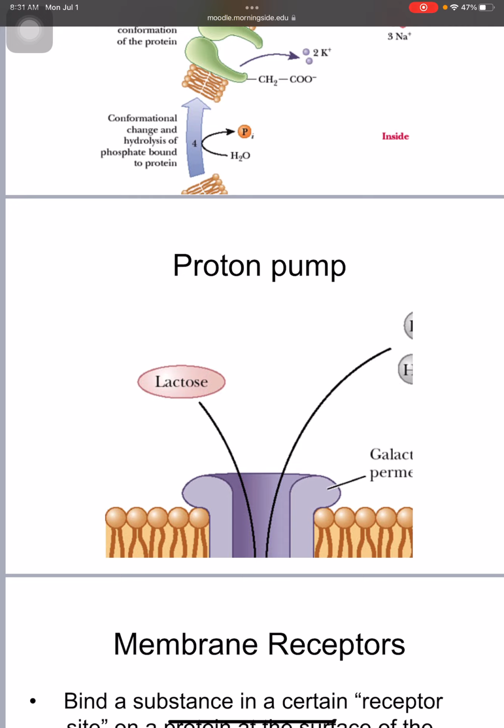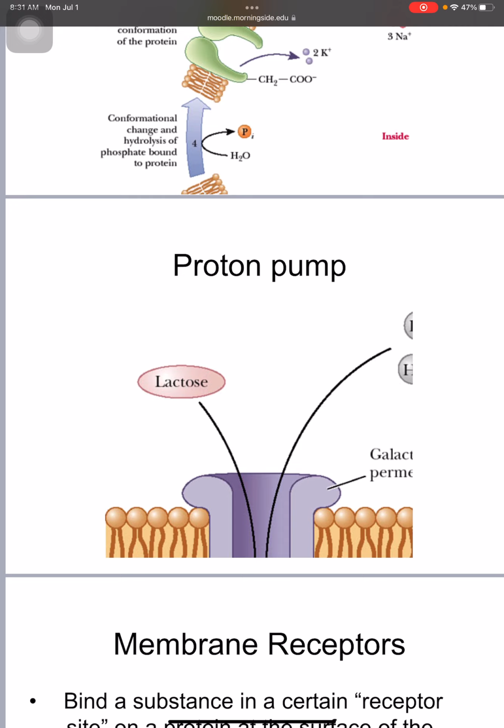So that's bad. But guess what? That same integral enzyme protein, galactoside permease, is also able to allow protons to come in. Right? And if you look at the concentration of protons outside and inside of the cell, there's a favorable gradient. There's more protons on the outside than on the inside, so having protons come in is a favorable process.